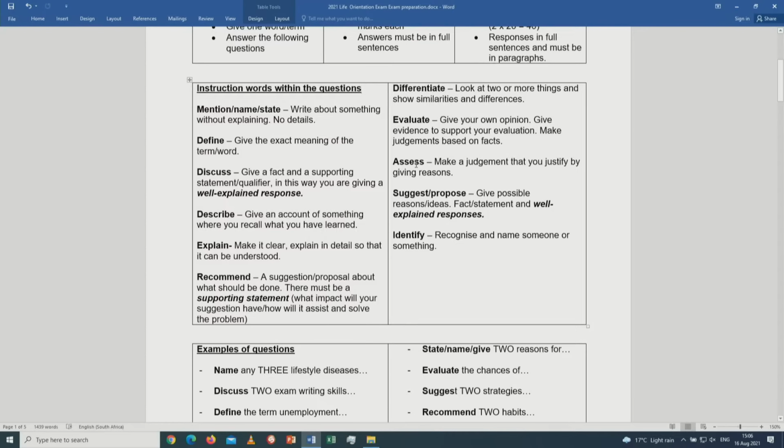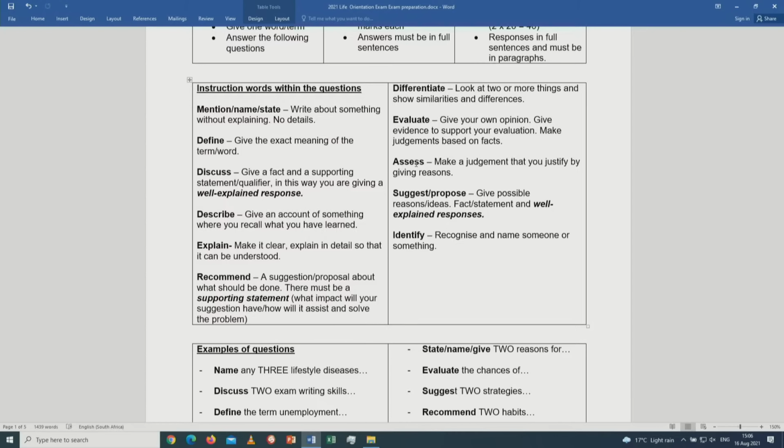Your low order questions: mention, name or state. Then after you have underlined your question word, you now have to know what that question word requires from you.